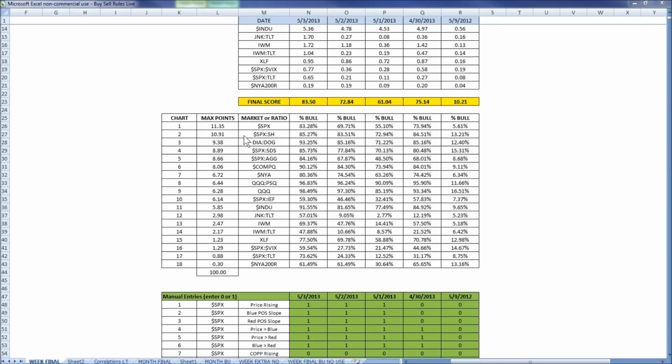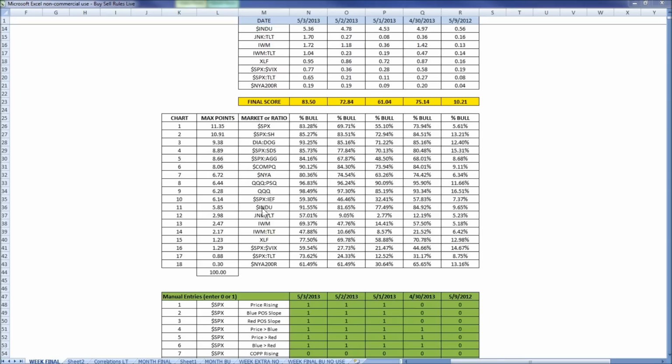So if you're concerned about how the S&P 500 zigs and zags, obviously the S&P 500 has a correlation of 1 relative to the S&P 500. It's a perfect correlation. So in terms of your weightings for your rules and for this corollary model, the S&P 500 is the most important thing to watch.